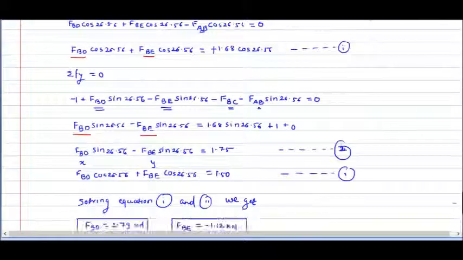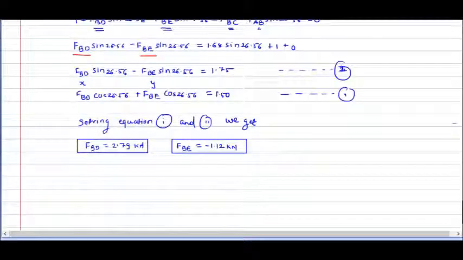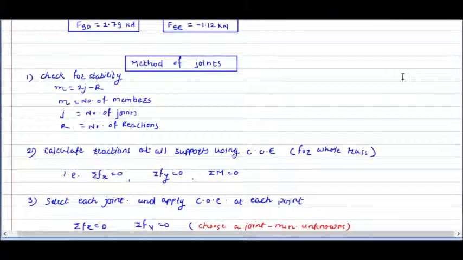The steps that I can summarize here at last, so that you will get a complete overview of this topic. You can write down all these steps together, so that you get a complete overview for these problems. So in method of joints, in the first step we checked the stability by using m equal to 2j minus r. Then in the second step we calculated reactions at the supports by using the condition of equilibrium.